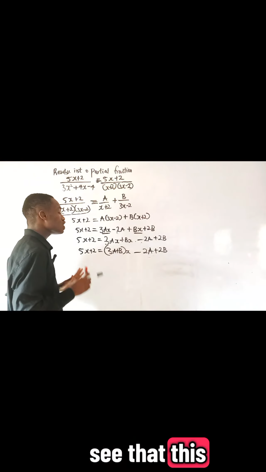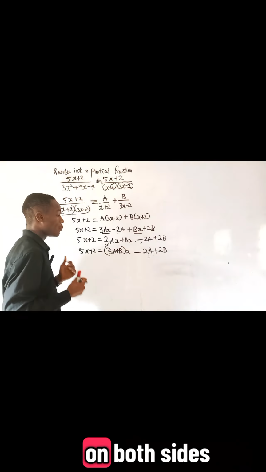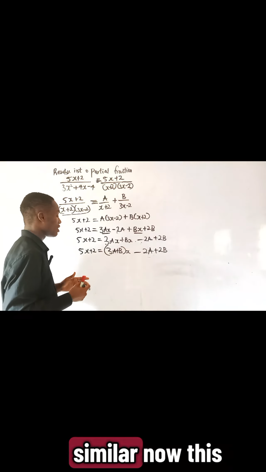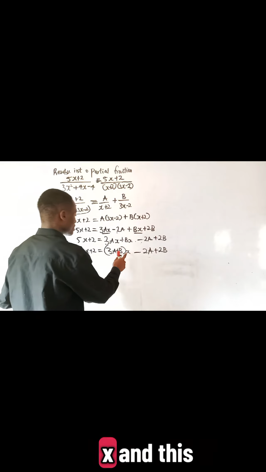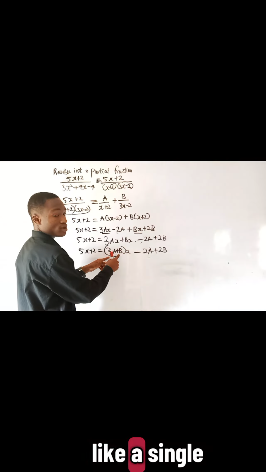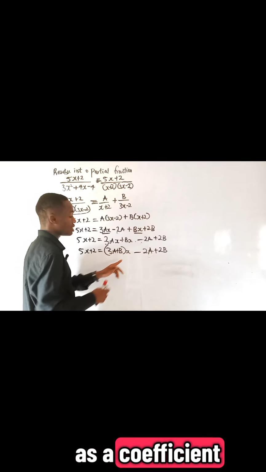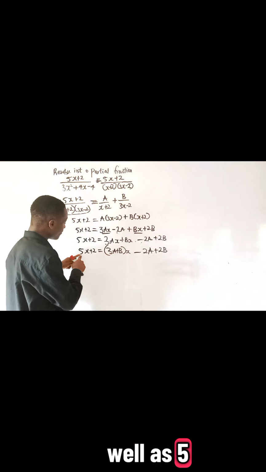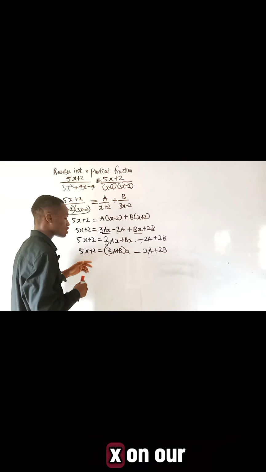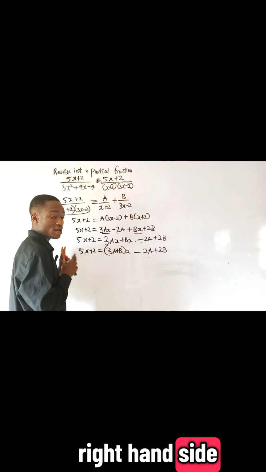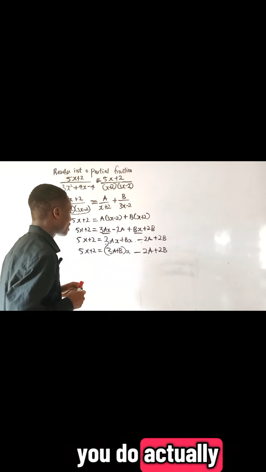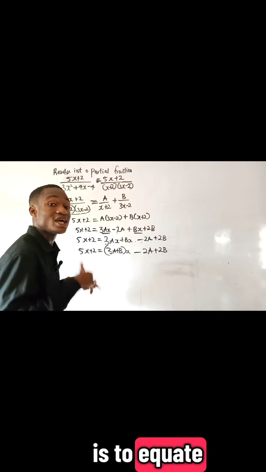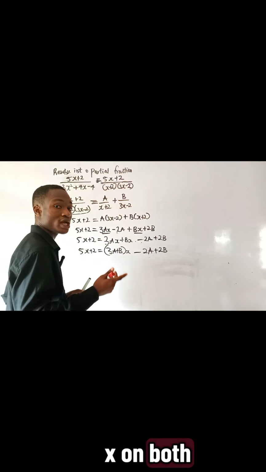Now we can see that this equation is comparable on both sides because they are similar. This bracket is a single number, so it's acting as a coefficient of x, just as 5 is acting as a coefficient of x on the left-hand side. So what do you do at this point? Equate the coefficient of x on both sides, since they are comparable.